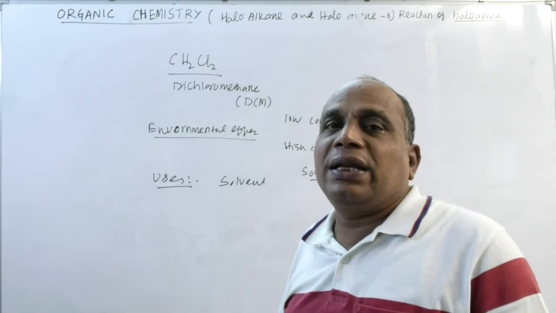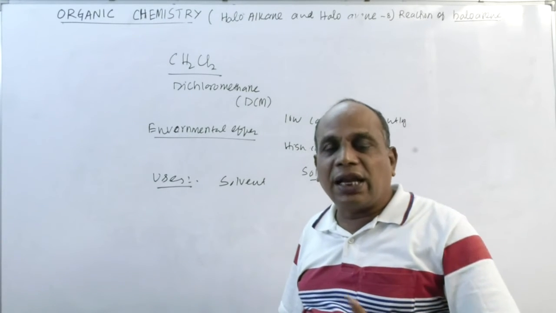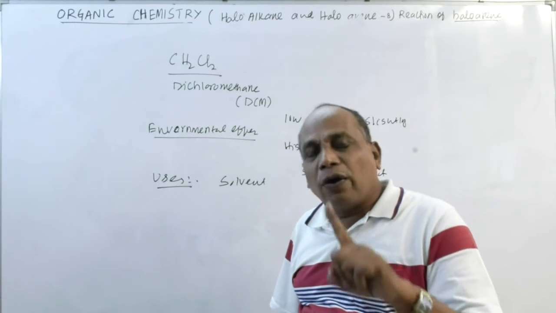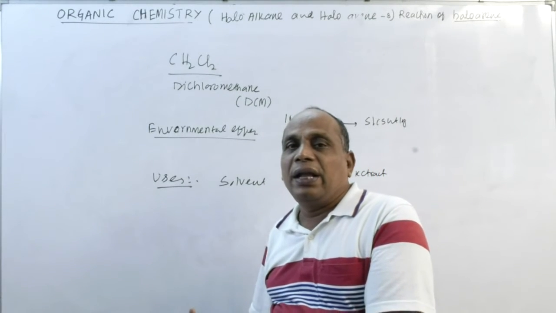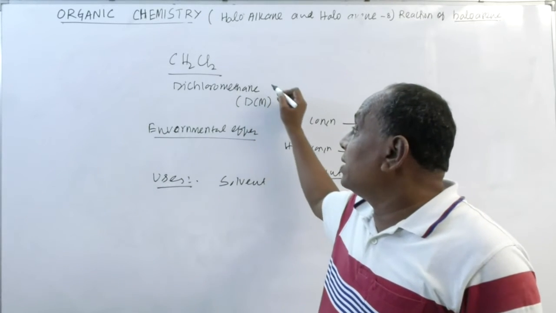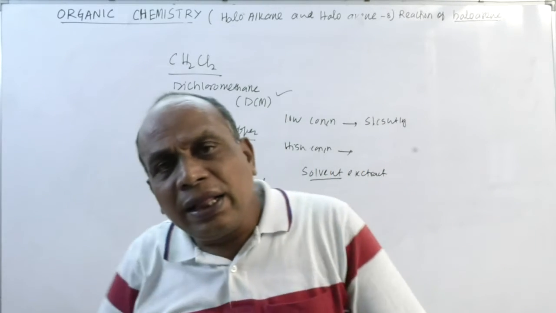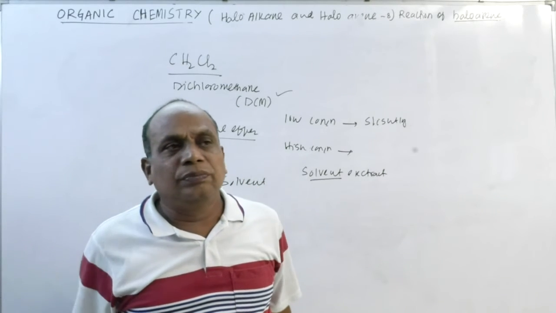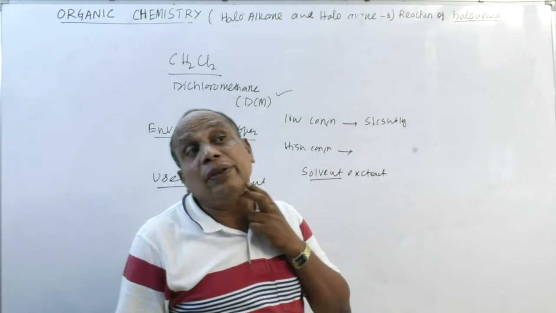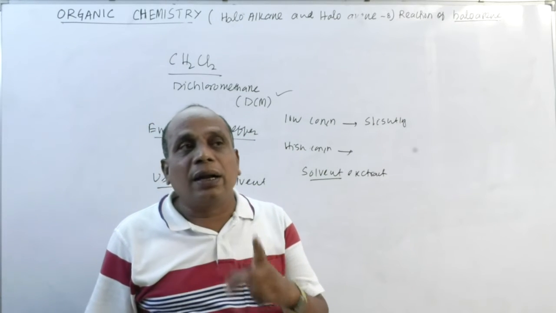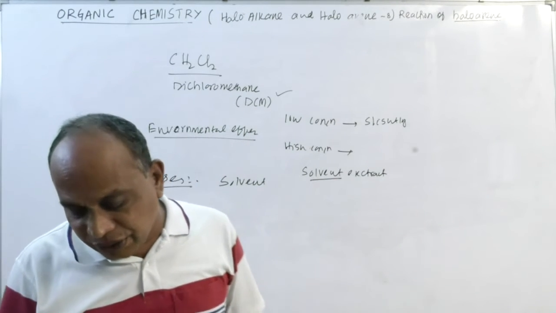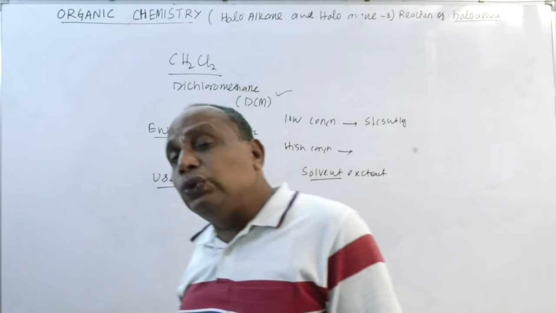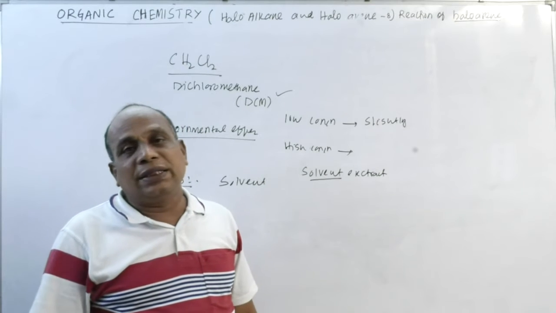In solvent extraction, you are using an organic solvent and an aqueous solvent. The organic solvent part is your DCM. And this solvent extraction method is used for the separation of different components, particularly in the synthesis of organic compounds or in the pharmaceutical industry.